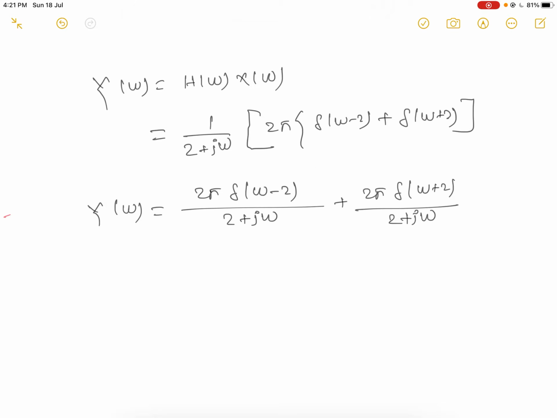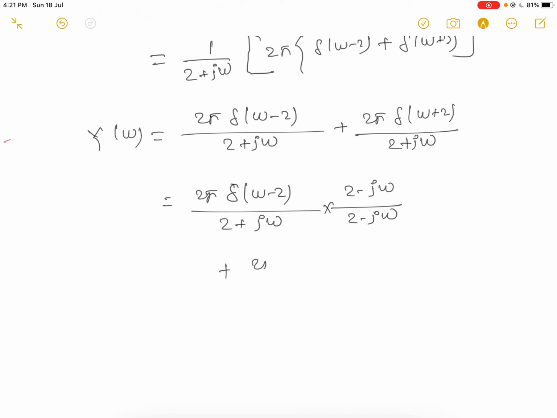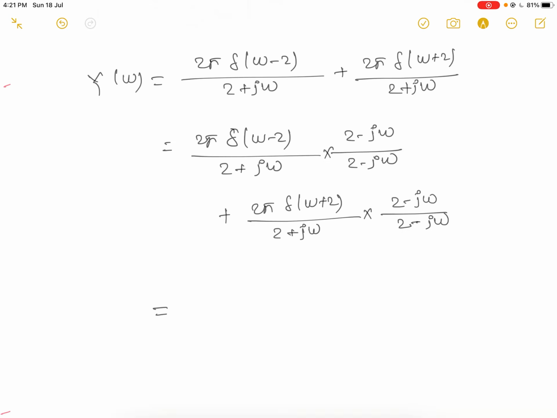After simplification and rearrangement, when you cross multiply with 2 minus j omega, in this way: 2 pi del(omega minus 2) upon 2 plus j omega multiplied by 2 minus j omega over 2 minus j omega, plus 2 pi del(omega plus 2) and 2 plus j omega, 2 minus j omega over 2 minus j omega. Then what will happen?